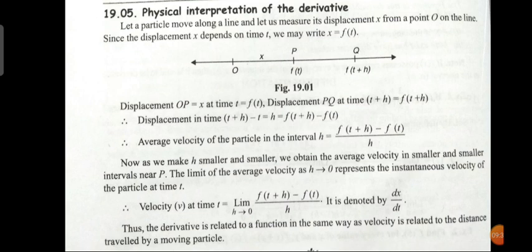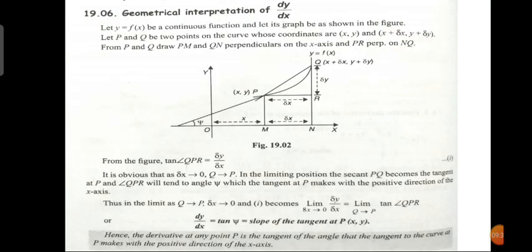Please read it. Next is the geometrical representation of dy by dx, which is important. What is the geometrical representation? You just go through the graph. The important part is dy by dx is tan psi, where psi is the angle notation. So tan psi is equal to the slope of the tangent at P(x, y). P is the point (x, y) that is given. Look at the graph.